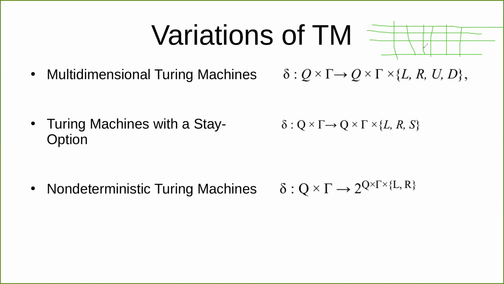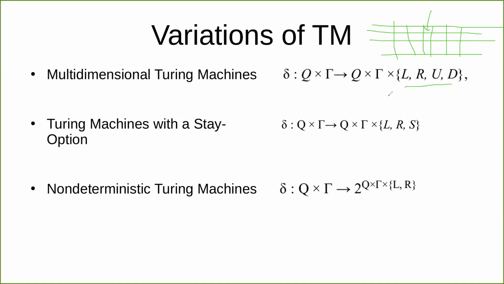It's a Turing machine with multiple dimensions. So the head could read either of the cells, and the current position of the head would be moved in the next direction through these variations: left, right, up and down.